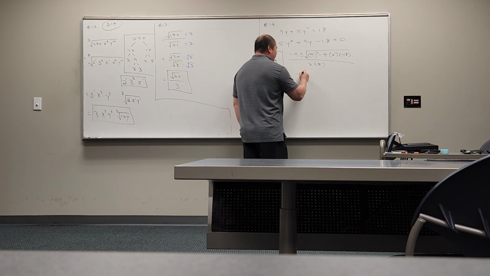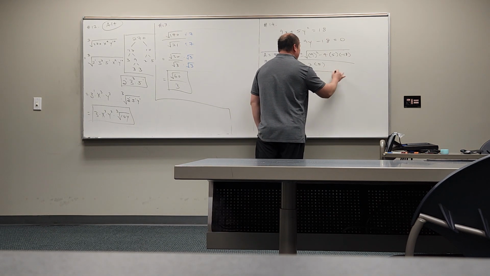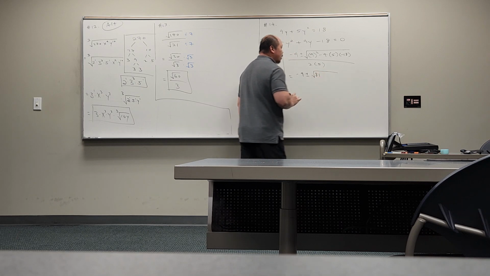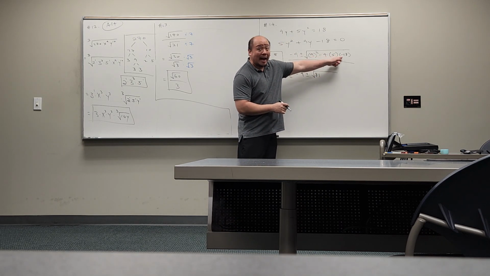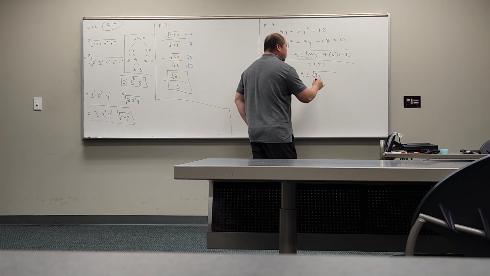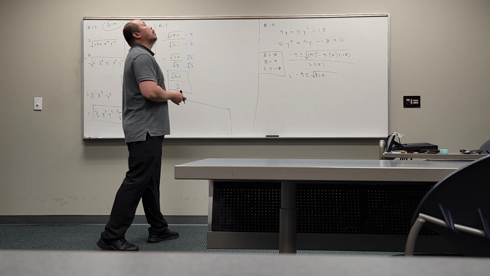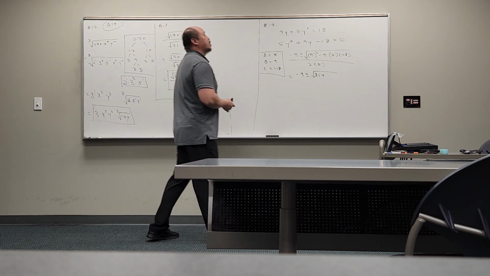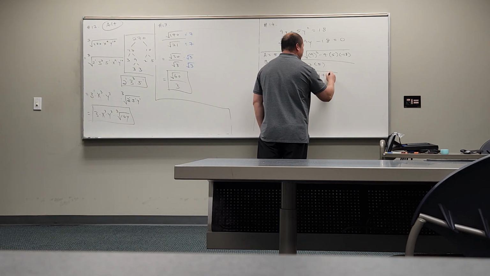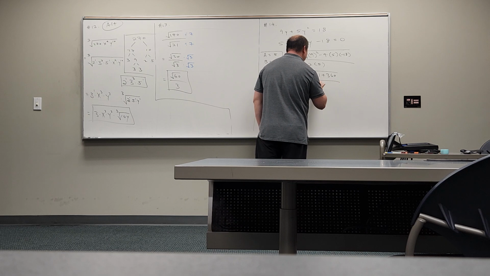That would be -9 plus or minus 81, right? A negative times a negative is a positive. So that's plus 4 times 5 is 20. What's 20 times 18? 360. So 360 over 10, right?